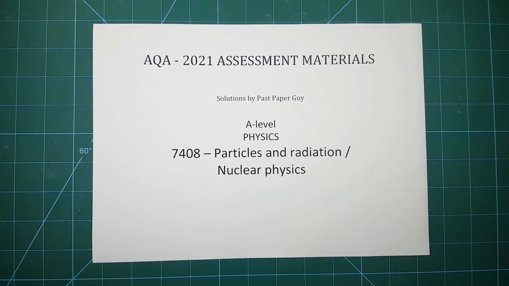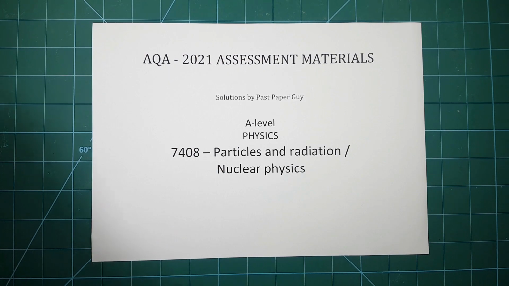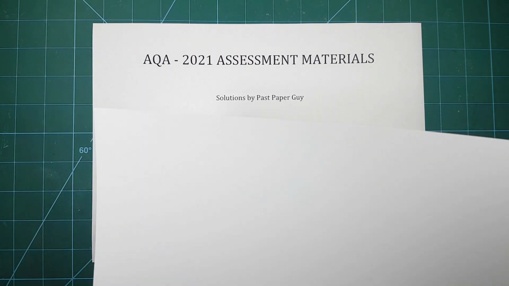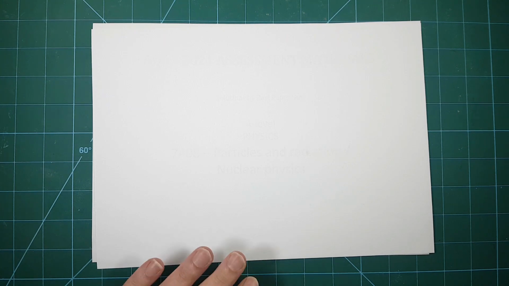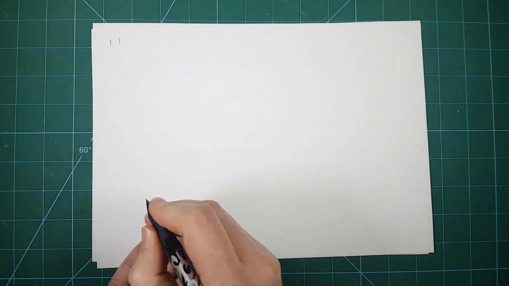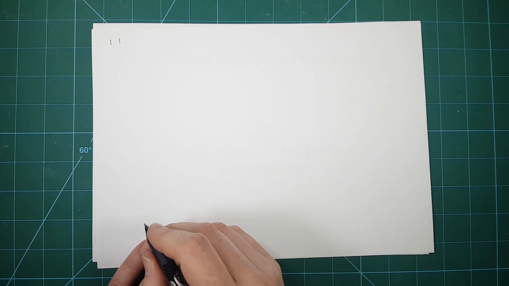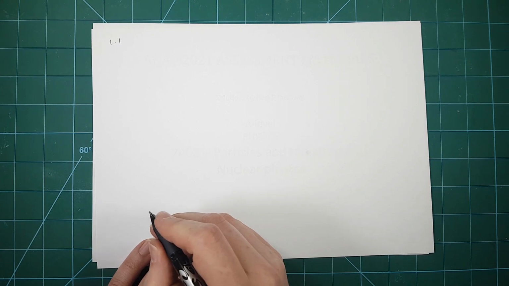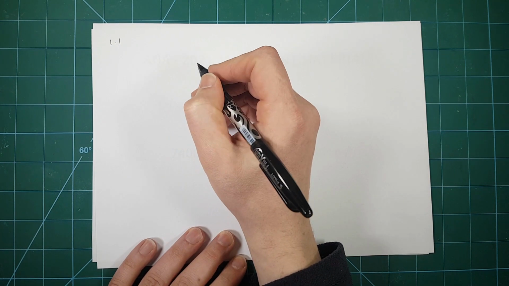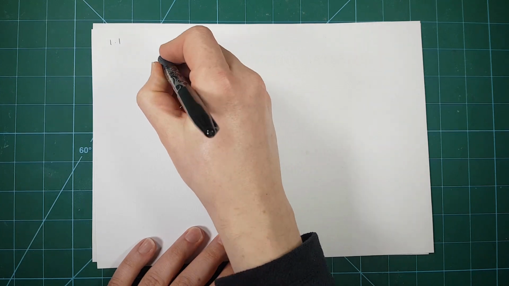Question 1 then is taken from the June 2019 paper and is a relatively straightforward question about isotopes. So 1.1 is asking for a difference between the constituents of these two nuclei. Remember, whenever something asks for a difference, always mention both.